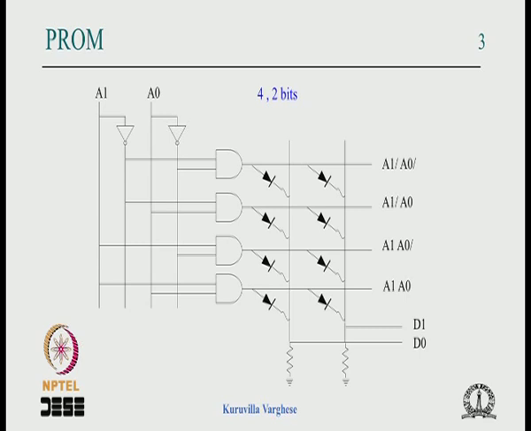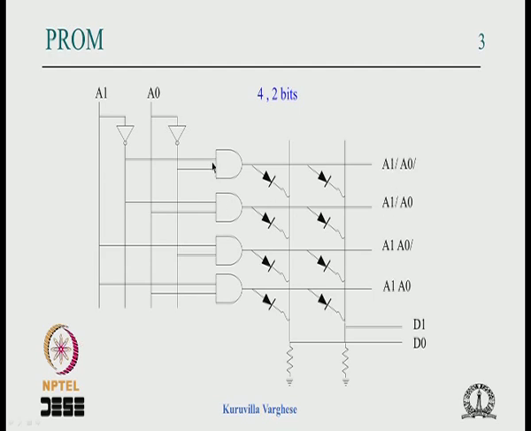Now the moment you introduce programmability in the AND gate, there is another advantage: you don't need to stick with minterms. Now you can work with product terms. Earlier suppose we had used A1 bar A0 bar and A1 bar A0. Both minterms were there, but we know that A1 bar A0 or A1 bar A0 bar is nothing but A1 bar only.